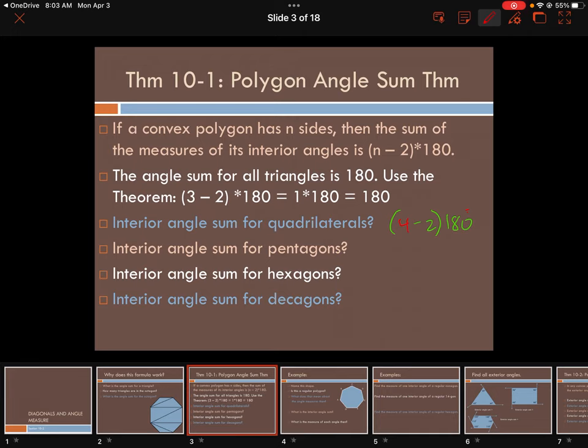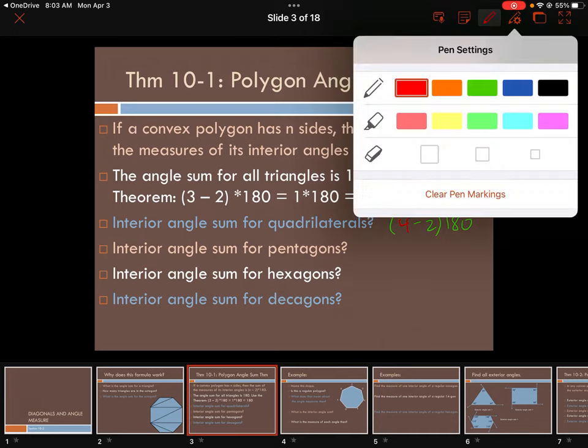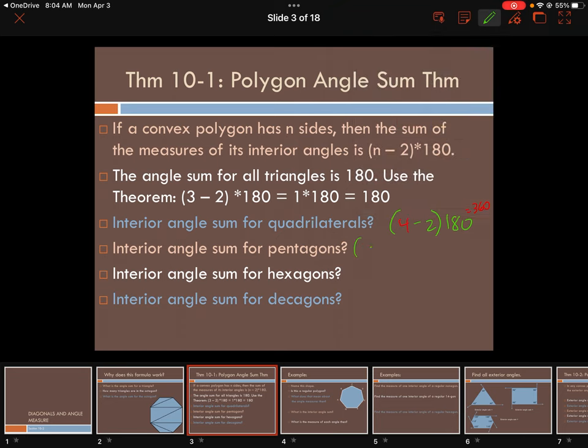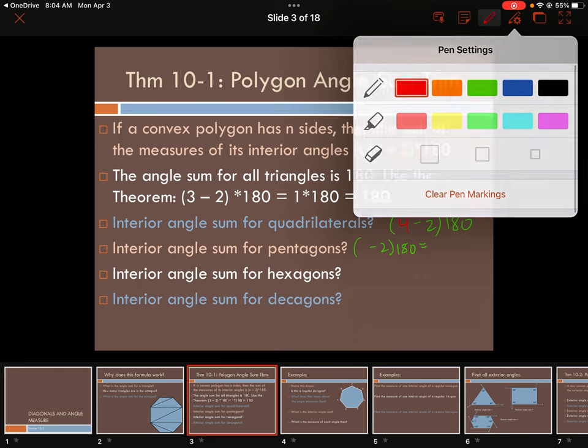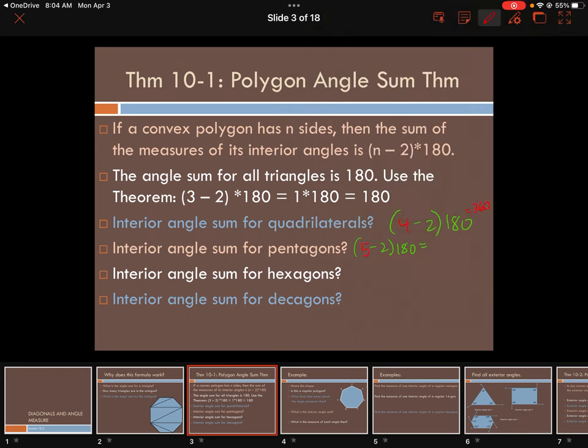And that'll give you your answer of 360, which we already calculated. We already calculated for pentagons also. 5 sides in a pentagon, so put 5 in for n. It gives you a sum of 540.